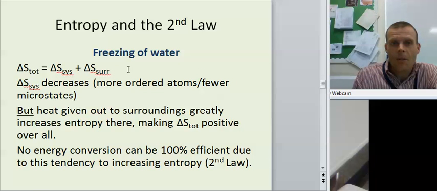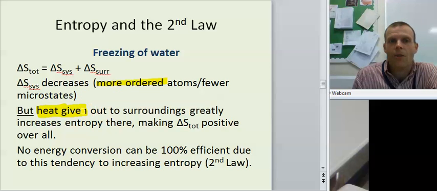So as a quick example, consider the freezing of water. In terms of entropy, if I'm taking my liquid water and making it into solid, then we wouldn't expect that to happen, because it's a large decrease in entropy. Things are becoming much more ordered. Right? Those water molecules are becoming more ordered, so the entropy level is going to drop. However, as it's doing that, heat is given out to the surroundings.